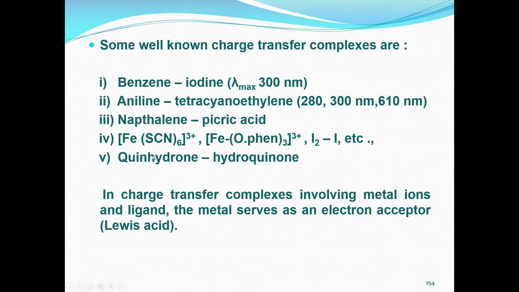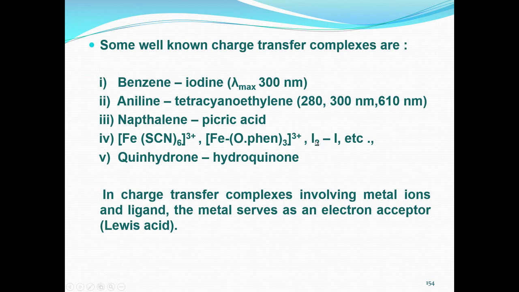Naphthalene picric acid is another one, and then there are several inorganic metals reacting with ligands. For example, ferric iron reacts with thiocyanate to give you ferric thiocyanate, and ferrous ion will react with orthophenanthroline to give you another charge transfer complex.